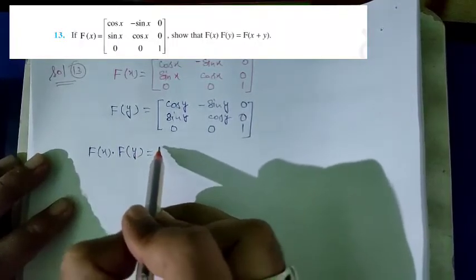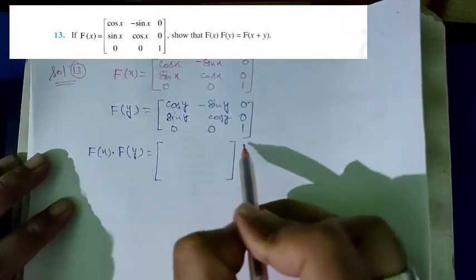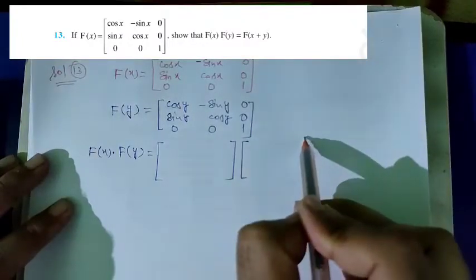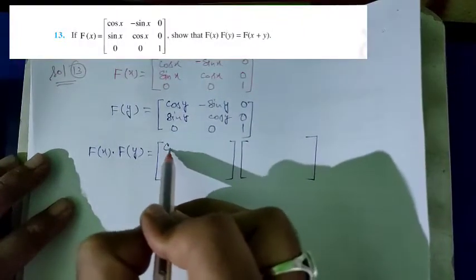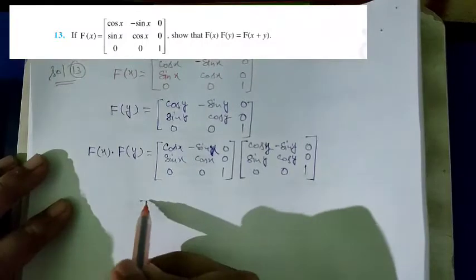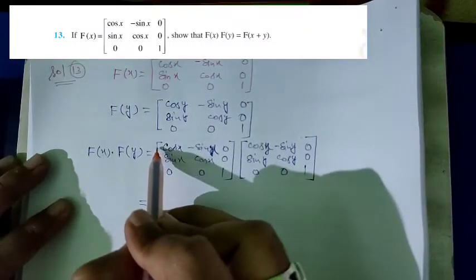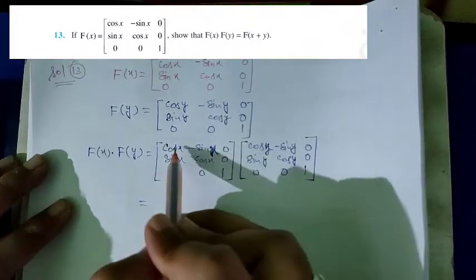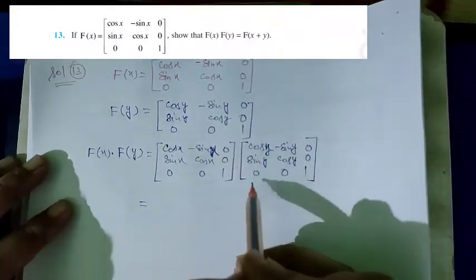Now we'll find f(x) into f(y). So we have to multiply these two matrices. We'll write these two matrices side by side. Now we have to multiply in the same way as we do multiplication of two matrices, first row and first column.